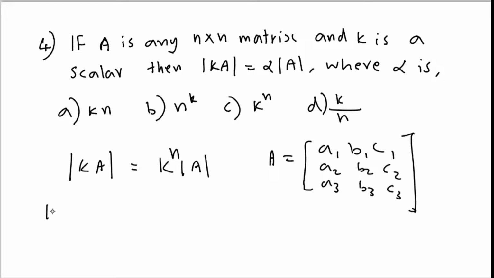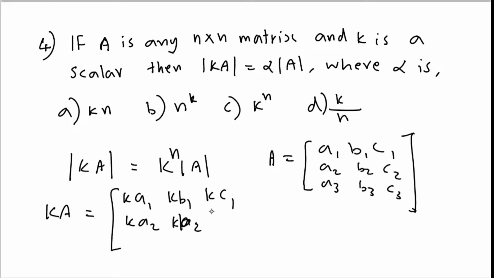If I multiply with K, Ka equals Ka1, Kb1, Kc1, Ka2, Kb2, Kc2.